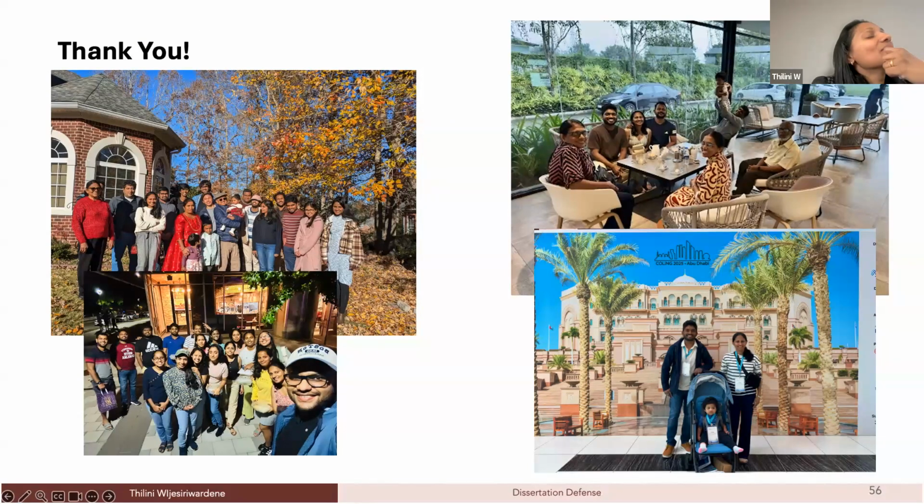We had a lot of discussions, and maybe they did not materialize into papers, but they did materialize into cherished memories that I will take with me. You guys were a great support system. And I also want to acknowledge the Sri Lankan community here in South Carolina. I don't have enough words to express the gratitude.